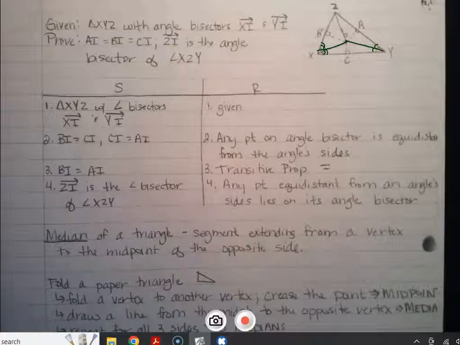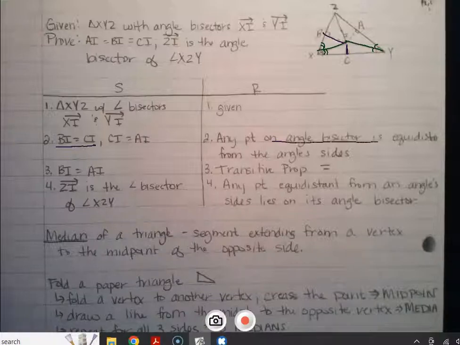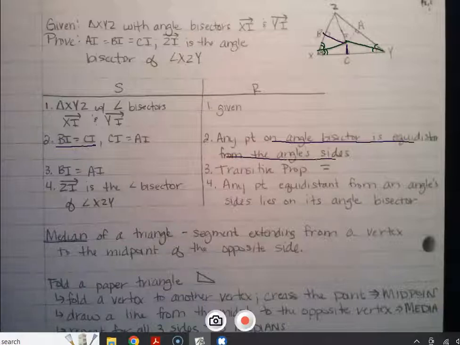So we start with our given stuff, and then we say, well, hey, BI is equal to CI. So this part, B to I, is equal to C to I. And it doesn't look like it in my drawing, it's not the best drawing, but we can say that because any point on an angle bisector is equidistant from the angle sides.